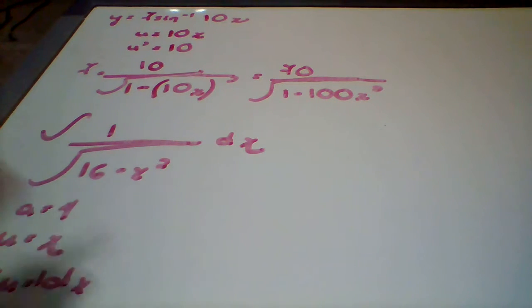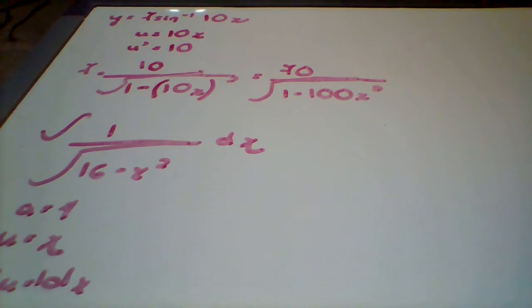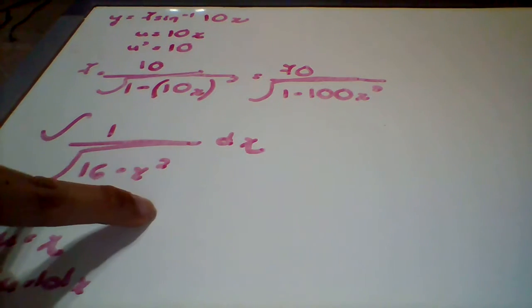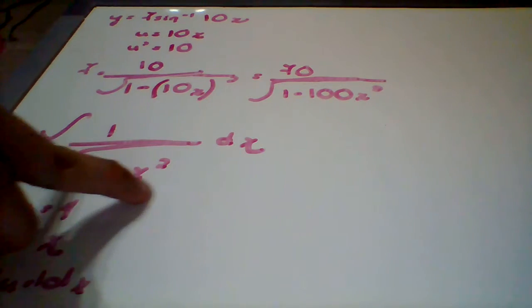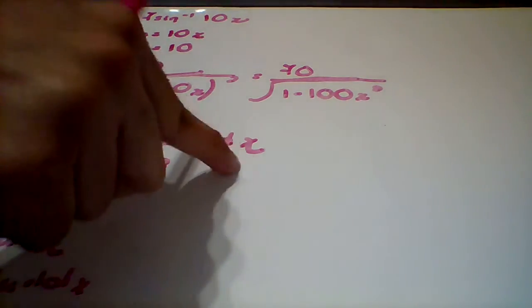So then, because the formula is 1 over the square root of a squared minus u squared, a would be the square root of 16, which is 4, u would be the x, and du would be the dx here.